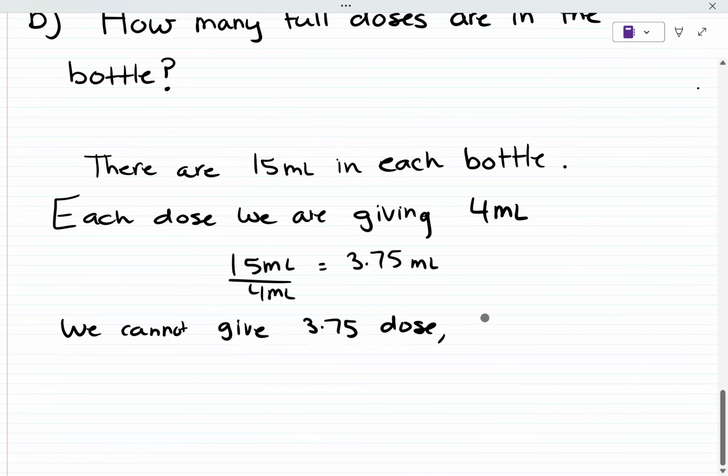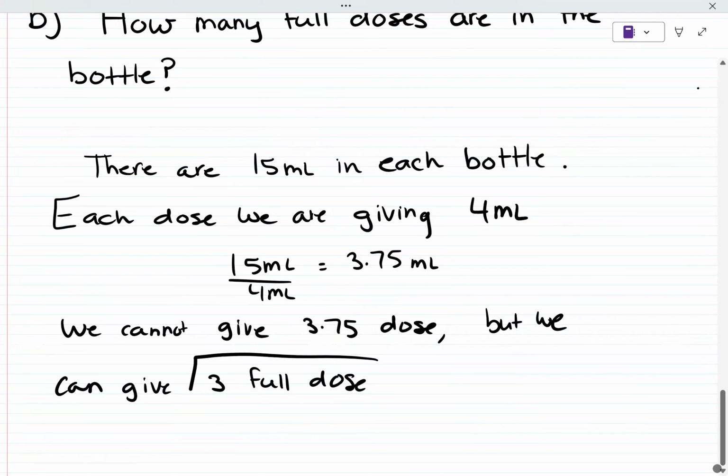If we give 4, that would be an overdose, so it's best to go with 3 full doses. So that would be your final answer: 3 full doses is what we can give.